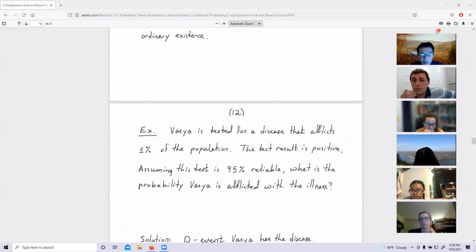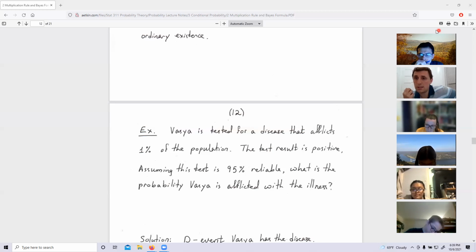And conversely, out of 100 people that don't have the disease, 95 people will be correctly identified as not having the disease. So the probability of a false positive is 5%. And the probability of a false negative is also 5%.